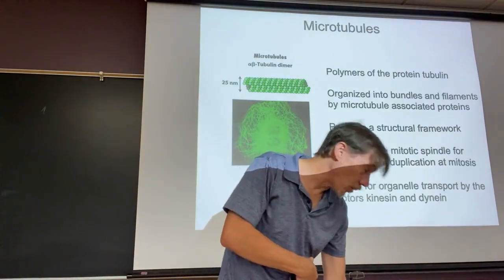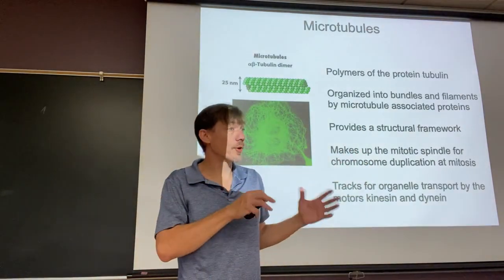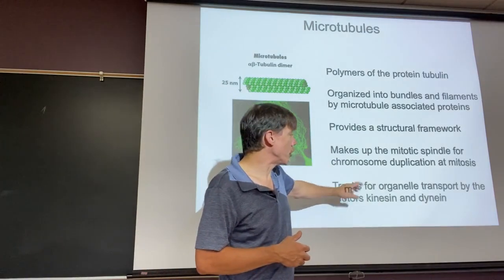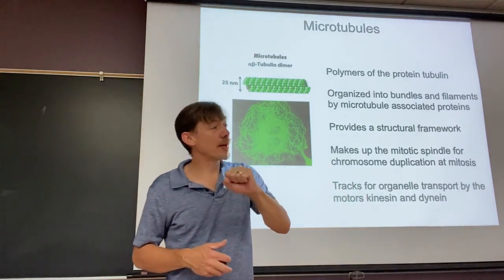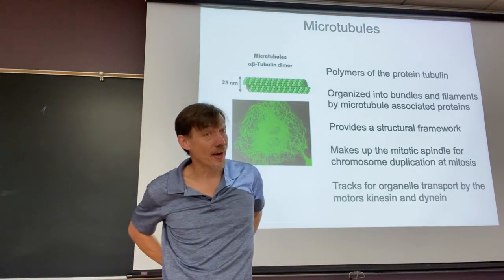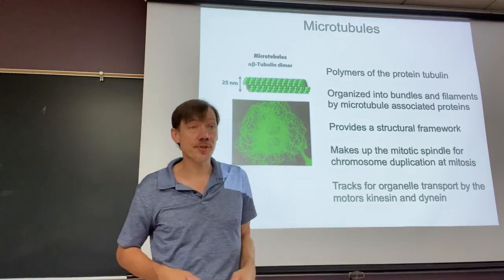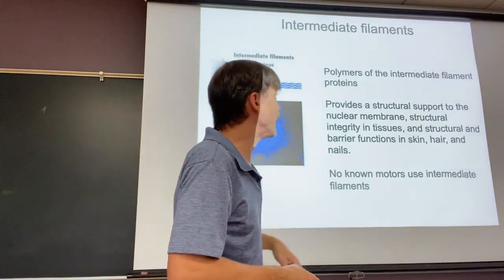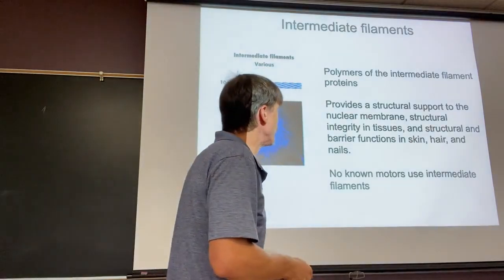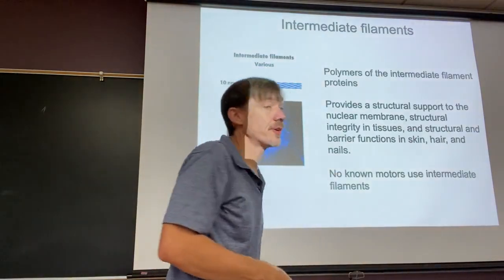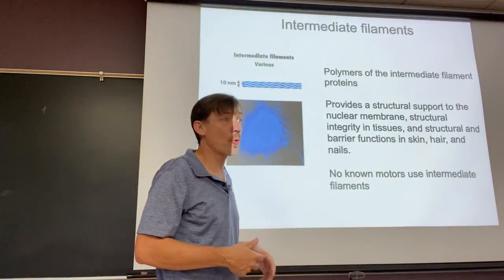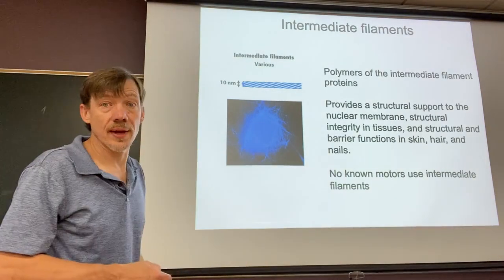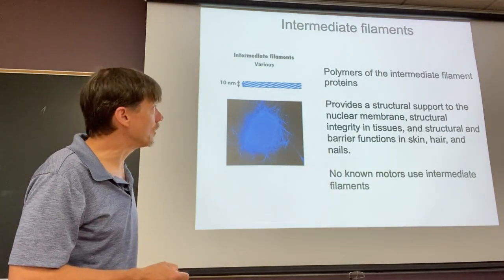Then we have neurons that reach out for a distance of 1 meter. So the microtubules are the tracks for transport of material from the neuronal cell body out to synapses and distal cortical regions. And then finally, intermediate filaments, polymers of intermediate filament proteins, once again provide structural support, but there are no known motors involved with intermediate filaments.